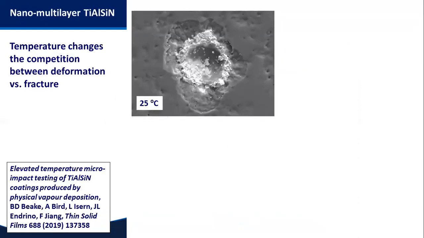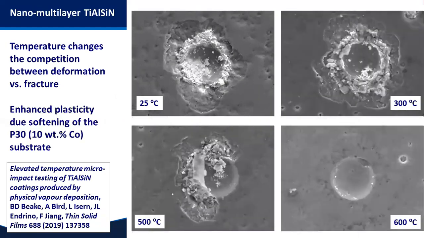So if we look at room temperature now, an impact crater at 1.5 newtons on this nano multi-layered system, you can see there's a large fracture zone. As we increase the temperature, we get a transition towards more plasticity-dominated deformation and less fracture, more plasticity.